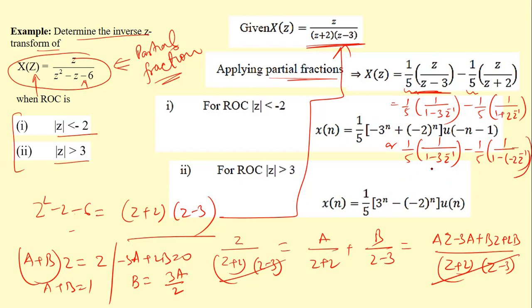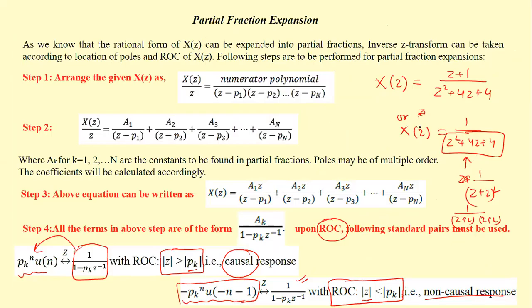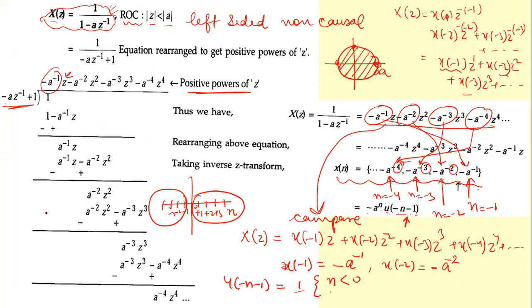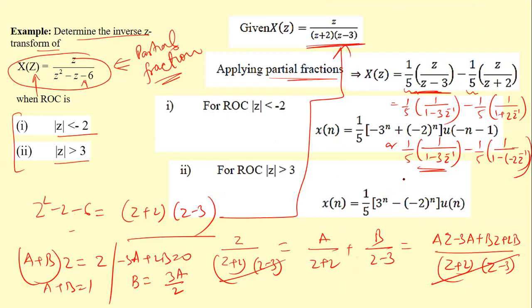Okay, so when we apply the inverse z transform, we will take care of this formula, because the answer would be the kth value raised to the power n into u[n], right? So here the answer is 1 by 5 into minus 3 raised to the power n into u. Now, the region of convergence is less than minus 2. That means it is non-causal.